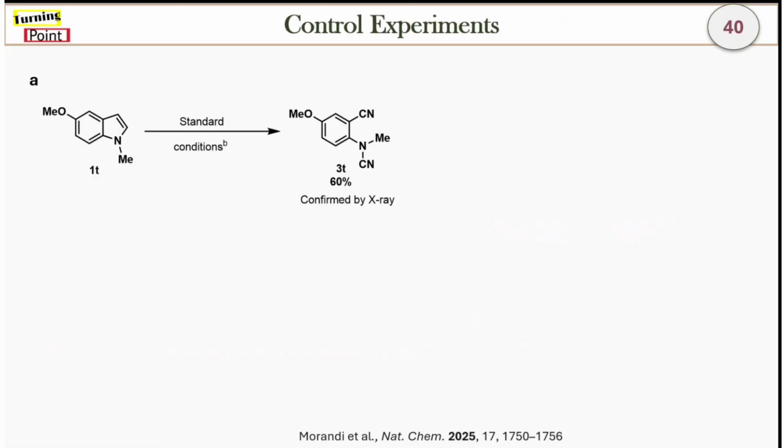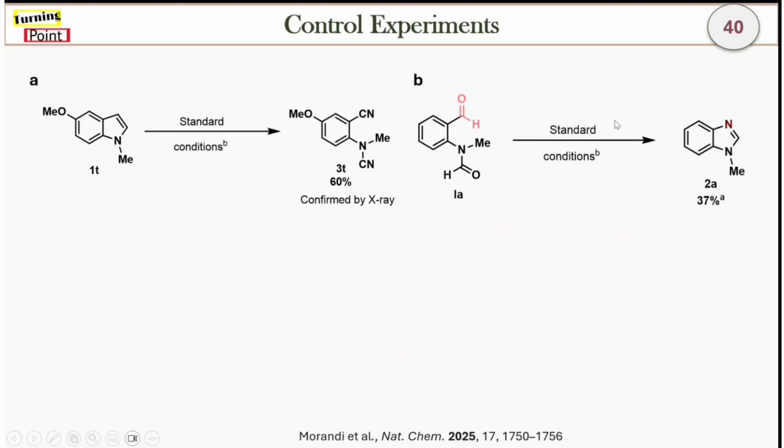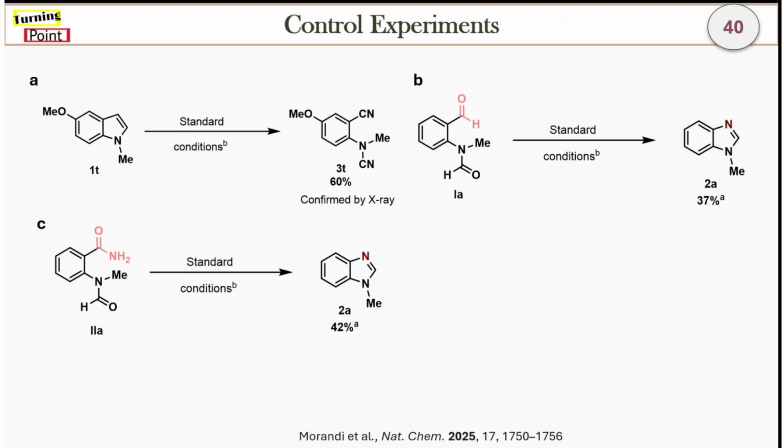To confirm that, they directly took this Witkop intermediate and applied their standard conditions, and they got this nitrogen atom swapped product in a similar amount. After that, they thought that since they are using an amine source like ammonium carbamate, and PIDA is also an oxidizing agent, we have aldehyde or amines.